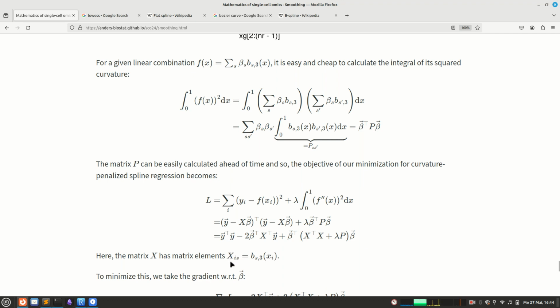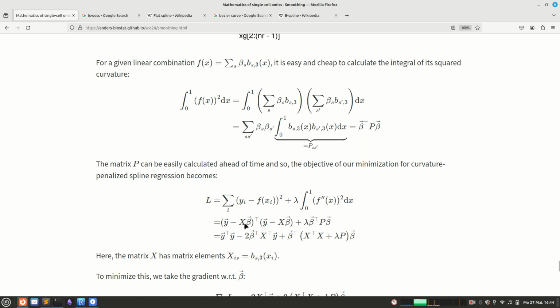And with this, we get an m by n matrix of basis values at the data x values. And if we multiply this with the betas, we get the corresponding y hat values, which we want to compare with the original y values, which I put together into this vector.